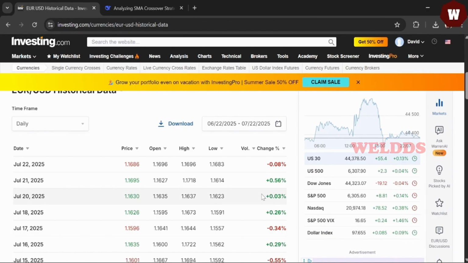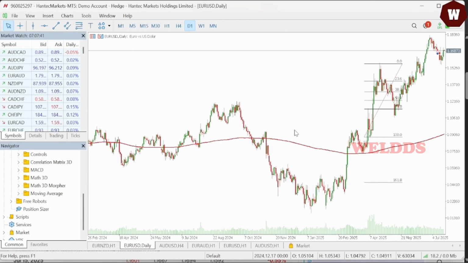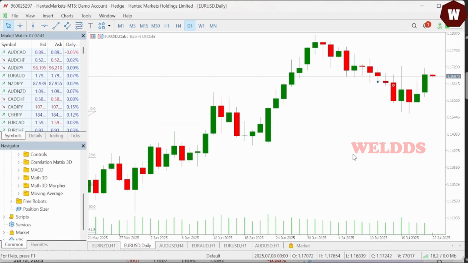But for me, I downloaded it from investing.com because I want to analyze only the daily time frame, and I needed very accurate readings, because sometimes MetaTrader 5 might have data that conflicts with what you see on tradingview.com. So if you want to use your broker, what I suggest you do first, before you download the data, is look at the symbols and compare them with TradingView.